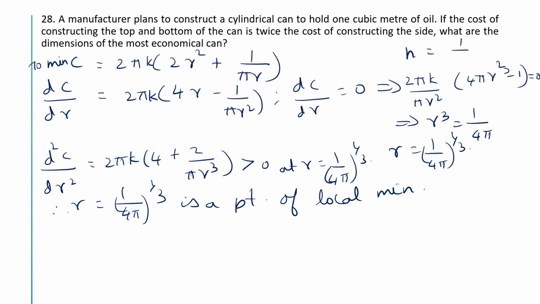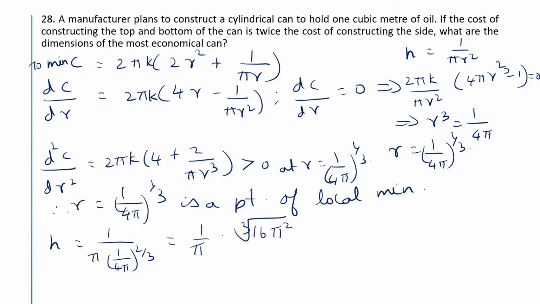H is 1 by pi r square. H is equal to 1 by pi into 1 by 4 pi the whole raised to 2 by 3. Or we can write this as 1 by pi into cube root of 16 pi square. So it is equal to 16 the whole raised to 1 by 3 into pi the whole raised to 2 by 3 minus 1.